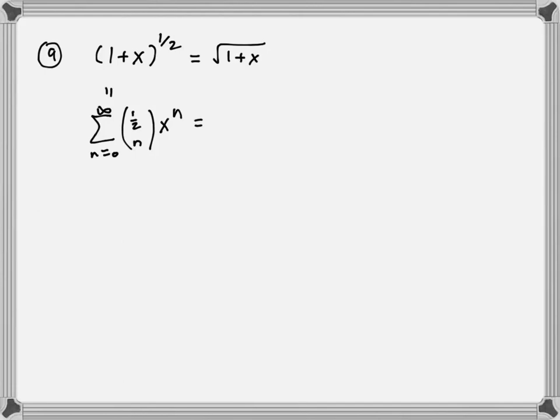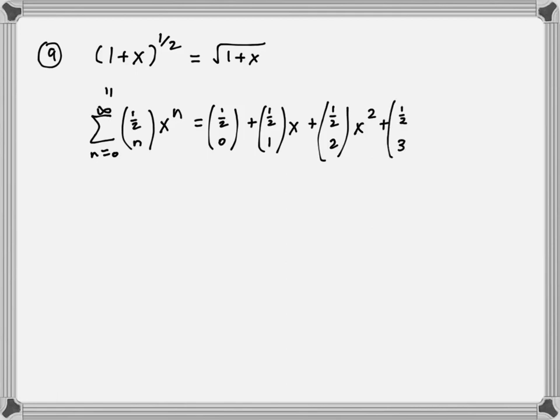So this is going to be 1/2 choose 0 plus 1/2 choose 1 x plus 1/2 choose 2 x squared plus 1/2 choose 3 x cubed plus, it goes on forever. Now look guys, this is the answer, but I want you to be aware of what those symbols mean. So let's at least calculate these first 4 terms so that you understand what the terms are, okay?